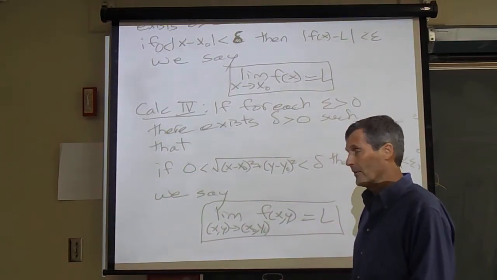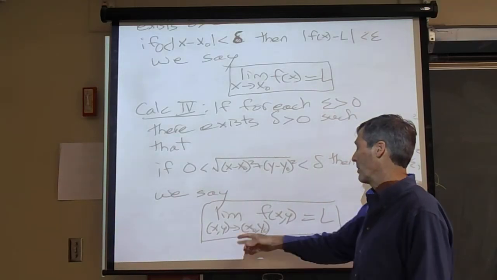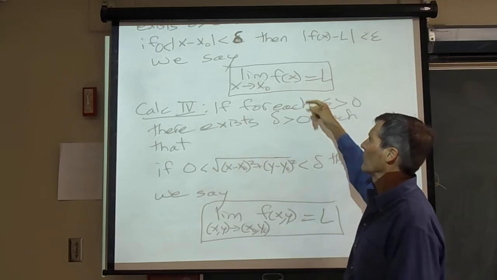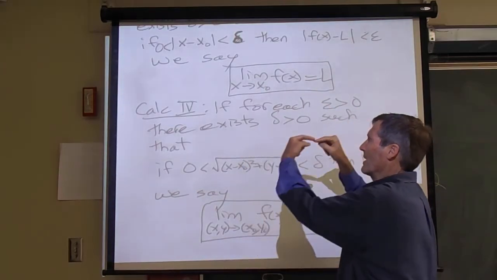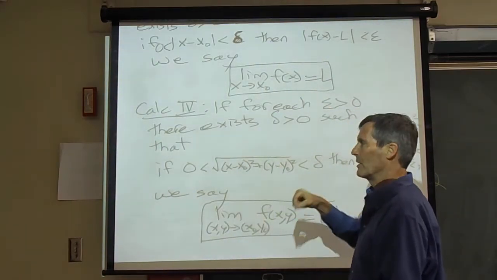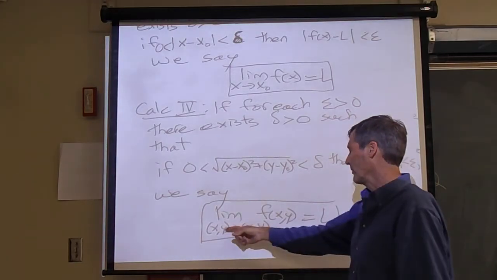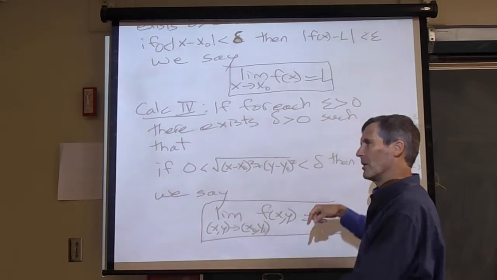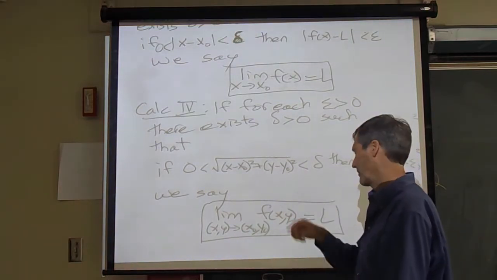This is very different because in the plane you can approach x0, y0 from lots of different ways, right? In this one you could approach from the left and right on the x-axis, getting closer and closer, marching along the axis to x0. Here you could spiral towards the point x0, y0, or approach from all sorts of different directions along different curves.